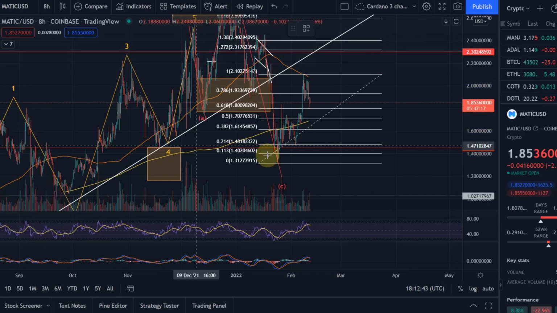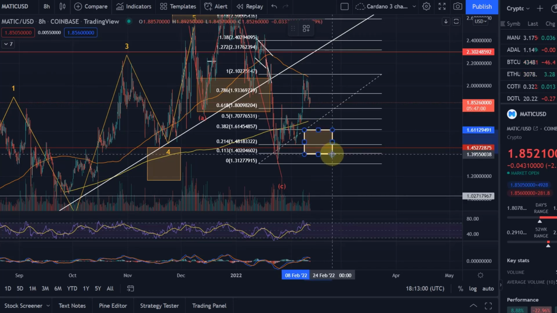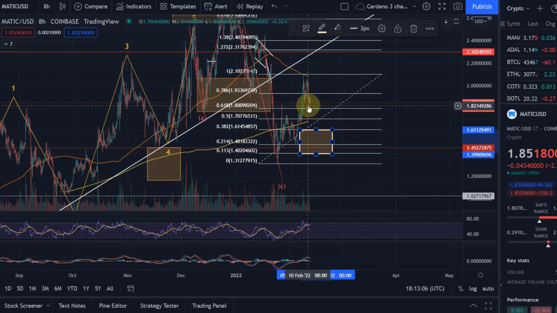That target level is only relevant in the scenario that we could be bullish here and that we have already developed the first 5-wave structure to the upside. That area would sit between 161 and 140.